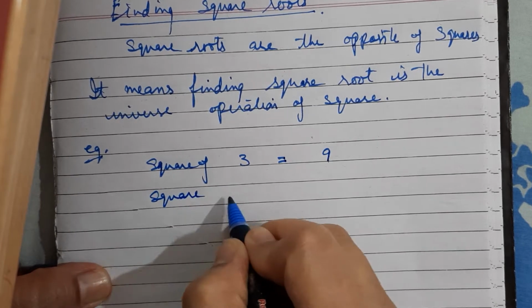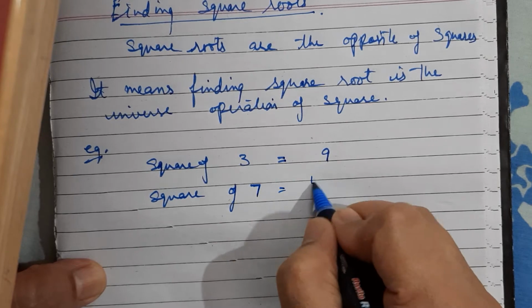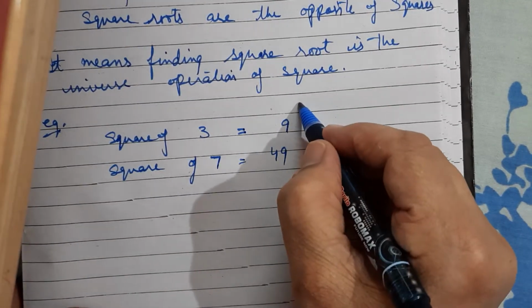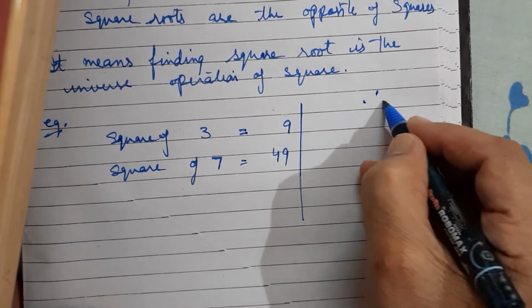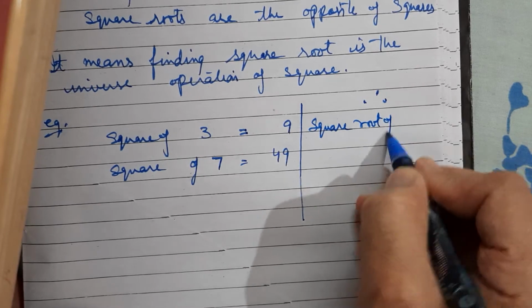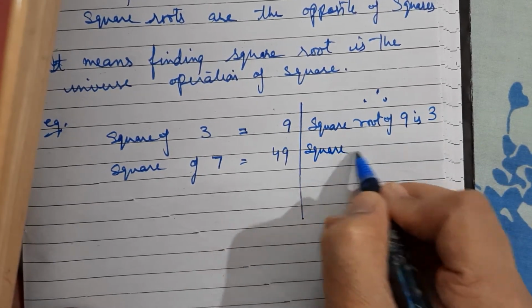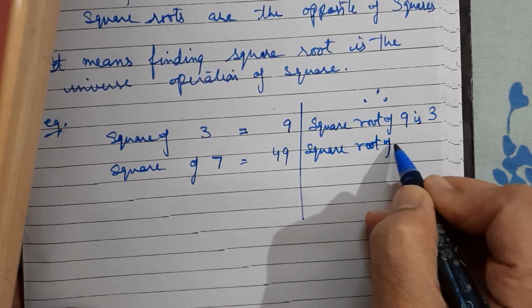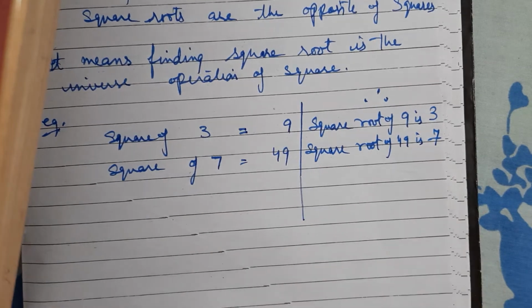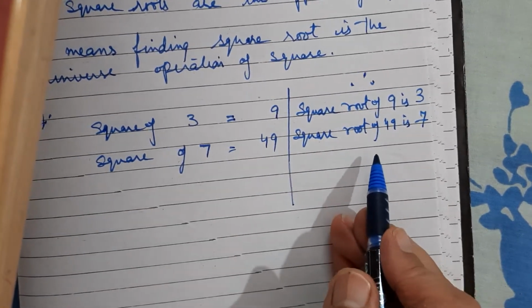Square of, take any other number, 7 is equal to 49, right? So inverse operation means what you will say, therefore square root of 9 is 3. Square root of 49 is 7. So this is the inverse operation, right? So this side it is square and this side it is square root.